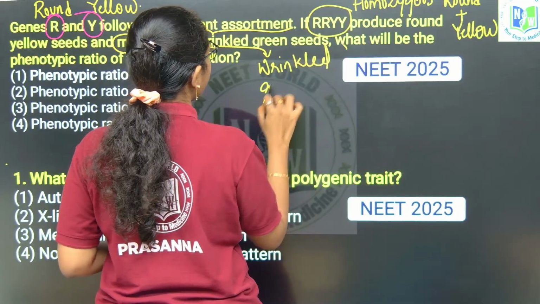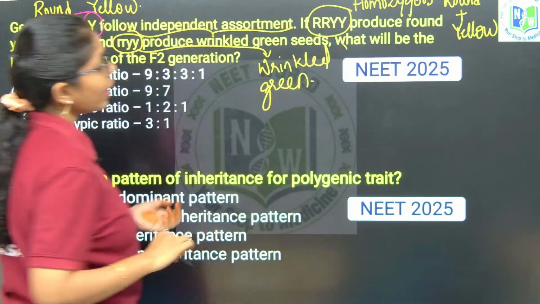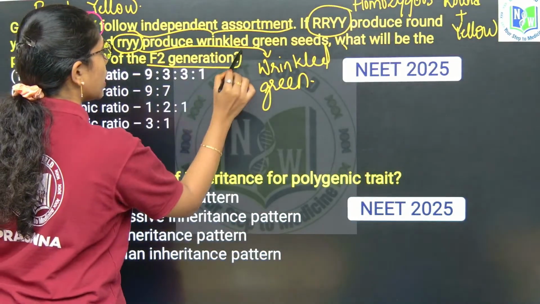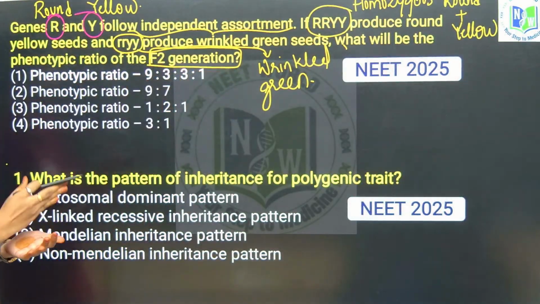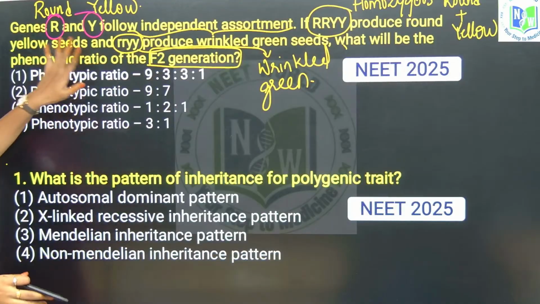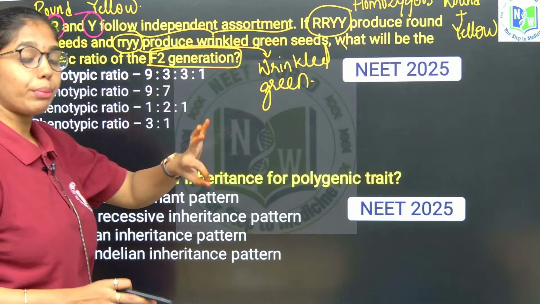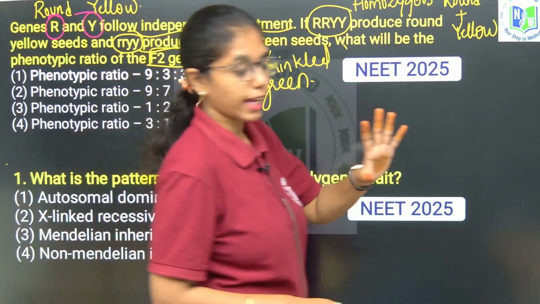Okay. What will be the phenotypic ratio in the F2 generation? Here the parental generation is given. Always remember the parental generation will be homozygous only.